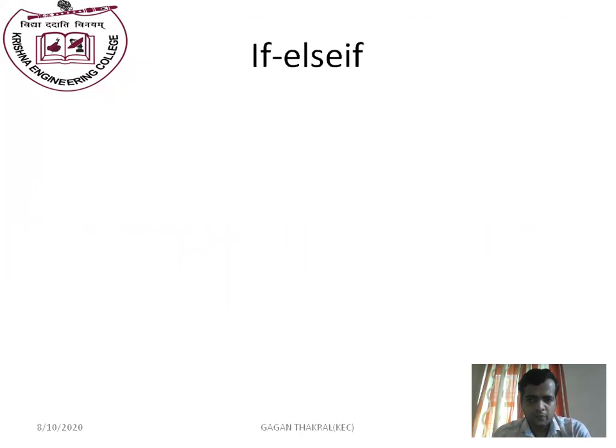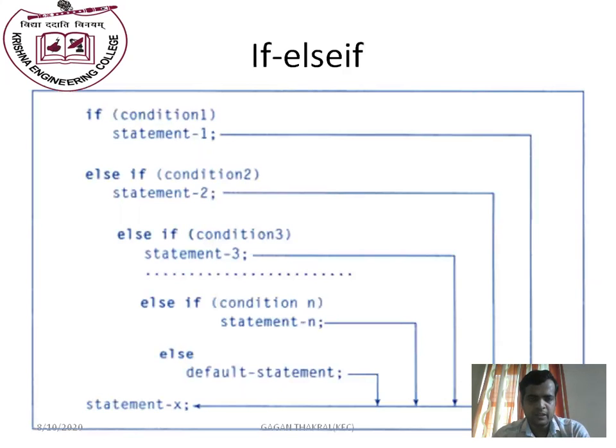Now we will discuss if and else if. If we want to test multiple test conditions in a single program, then we can use if and else if. Initially, in if we pass the condition; if the condition is true, then we print statement 1. Again we write else if, then condition 2. If condition 2 is true, then it will print statement 2.